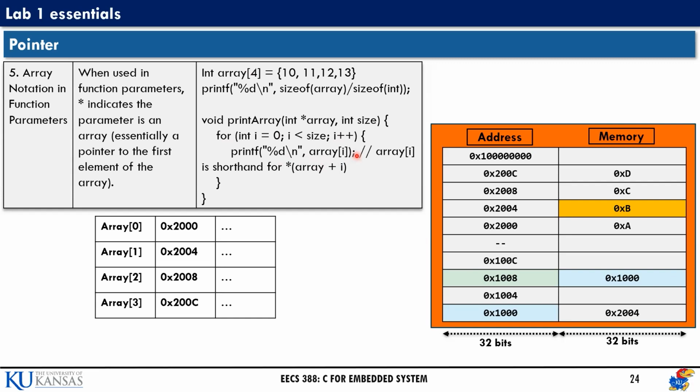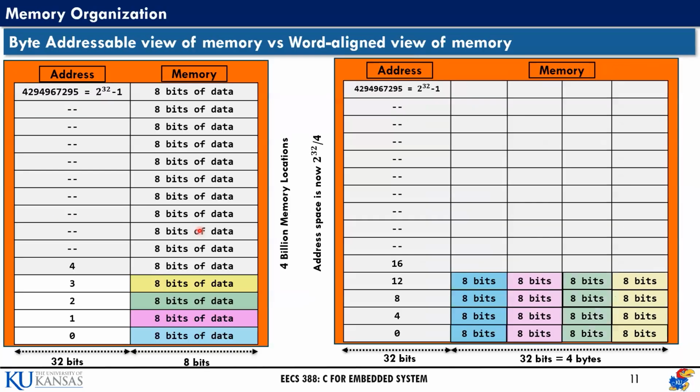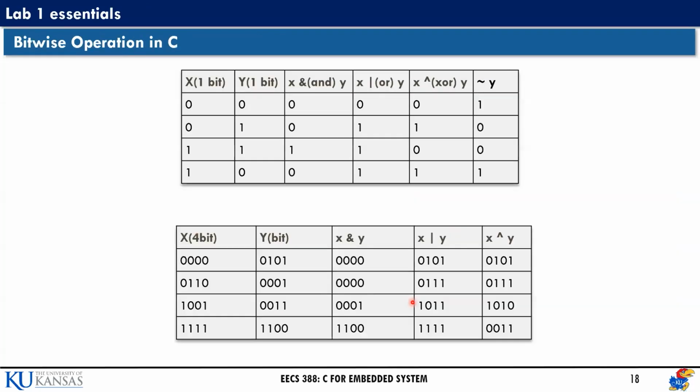and print the data of those memory locations. As you can see here, we have locations from 0x200 all the way to 0x200C, and each memory address is increasing by 4, as we already observed in our word-aligned view of memory, where we increase by 4 for each address space.